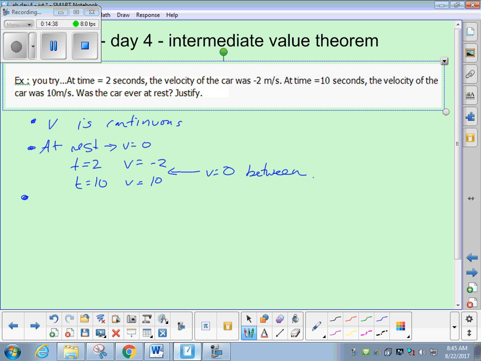Now, the conclusion. By the intermediate value theorem, citing the theorem by which you are justifying your conclusion. There must be a time. Continue on, please. You're doing great.